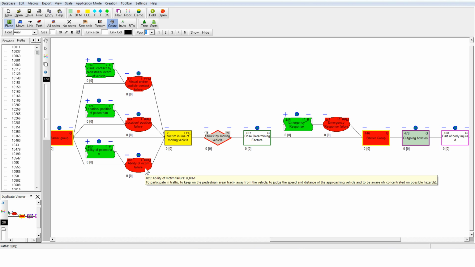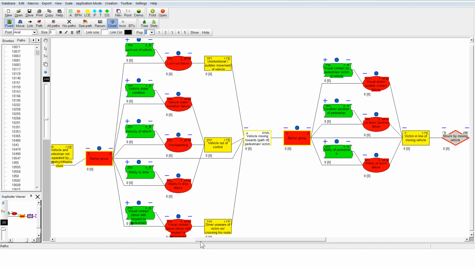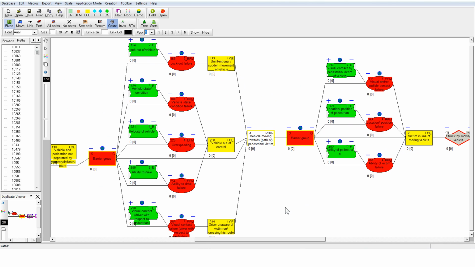As you may have noticed, in this bow tie, these barriers in this barrier group deal with the victim, whereas the preceding barrier group, the five barriers in this barrier group, deal with the driver of the vehicle and the vehicle itself.